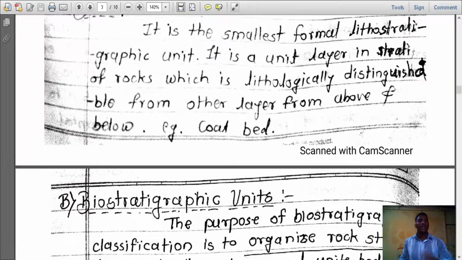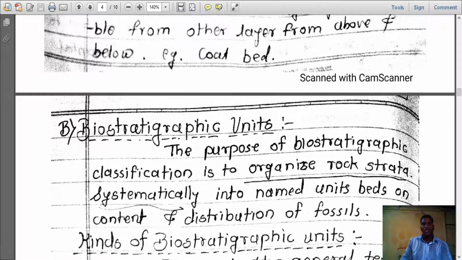Then the second stratigraphic units are biostratigraphic units. They are based upon fossil record or fossil content. The purpose of biostratigraphic classification is to organize rock strata systematically into named units based on their fossil content and distribution.